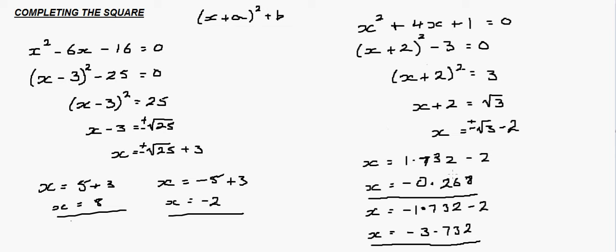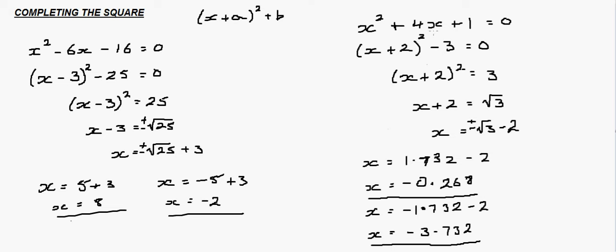Now here, the curve would cross the x-axis at minus 0.268 and minus 3.732. If you want to, you can draw this out and prove it to yourself, but you can take my word for it if you want to. I hope this helps. It is just practice.